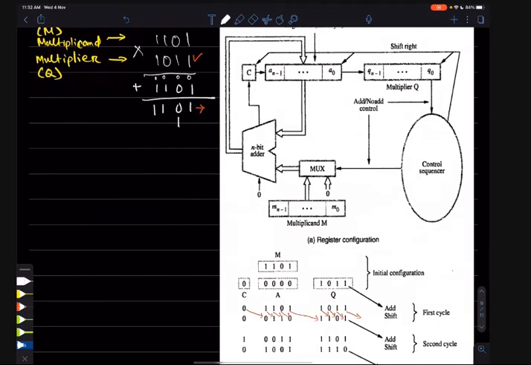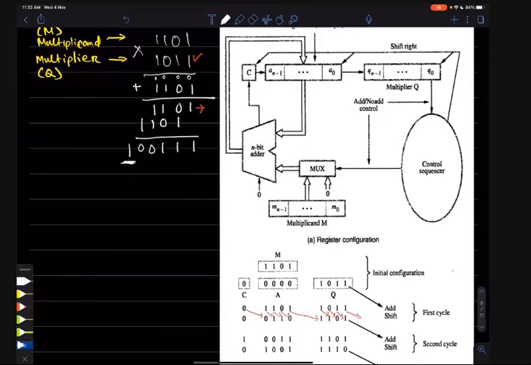So the addition bit is 1101 from the multiplicand, and again we have to do the addition. After we do the addition, this is the result. And mark this, there is a carry in this case.